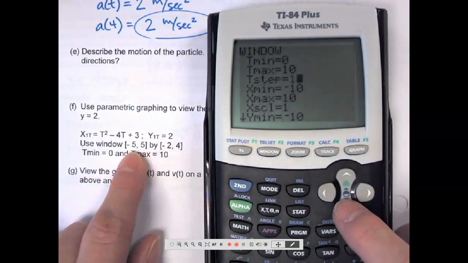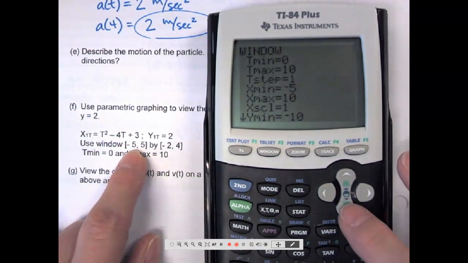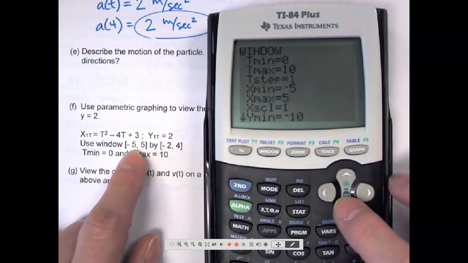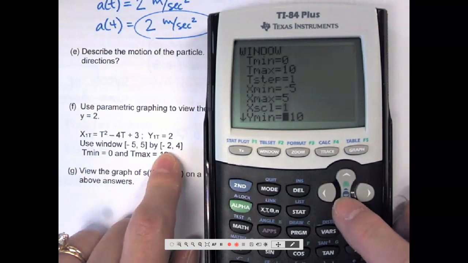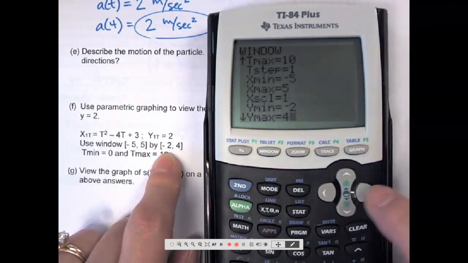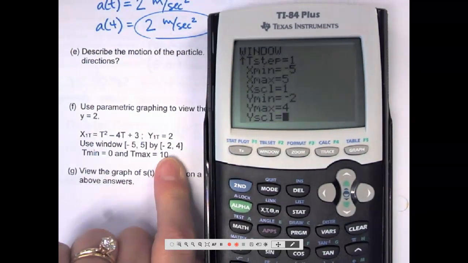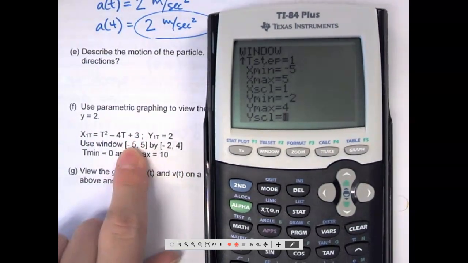Okay, x min, that's the first set of brackets, -5 to +5. Good scale would be 1. And then the second set of brackets here are the y min and max. So -2 to 4, scale of 1 will work. Okay, so my two equations were y equals 2 and the position.